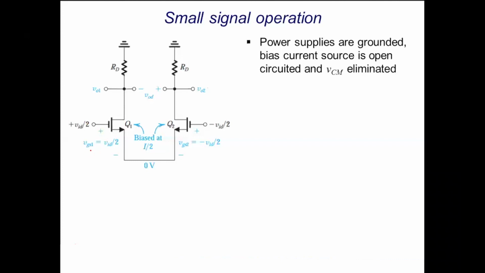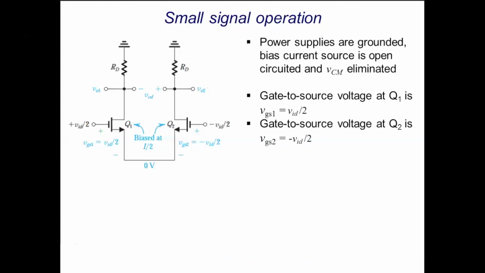Now the gate to source voltage at Q1 is VGS1 equal to VID by 2 because VCM is 0, and here also VCM is equal to 0, so VGS2 equal to minus VID by 2. Now from symmetry, the signal voltage at the source will be 0, that is acting as a virtual ground here.